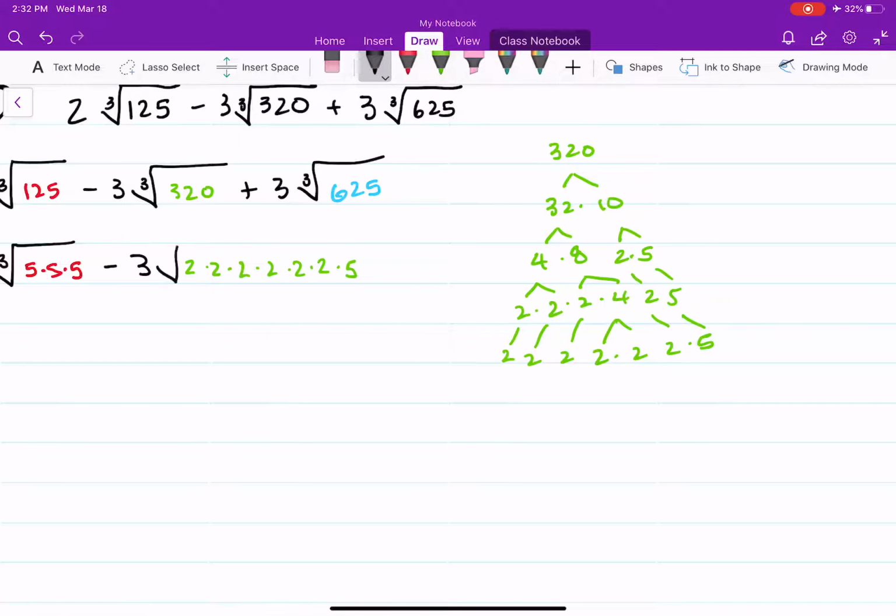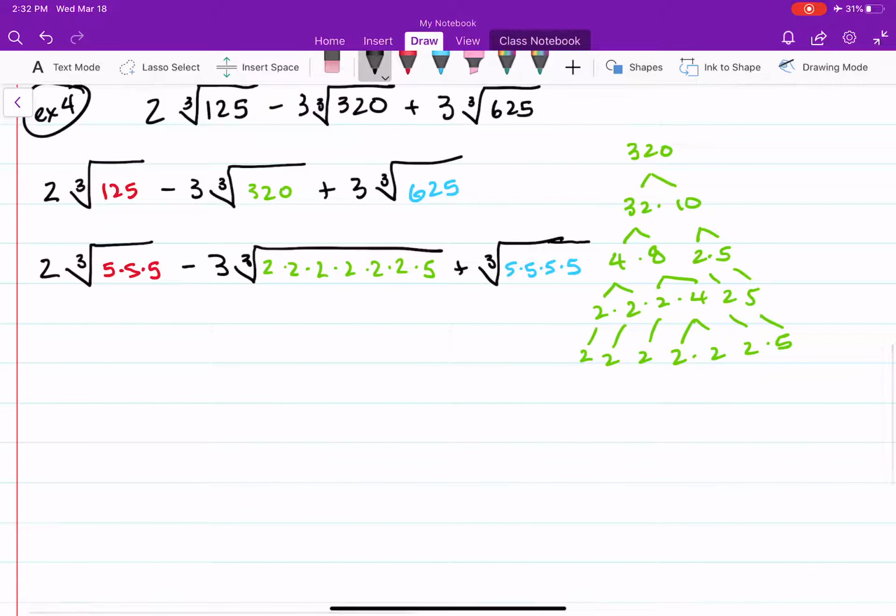So I'm going to have this cube root plus, and the 625 is going to be 5 times 5 times 5 times 5. So I gotta extend this a little bit. Okay.